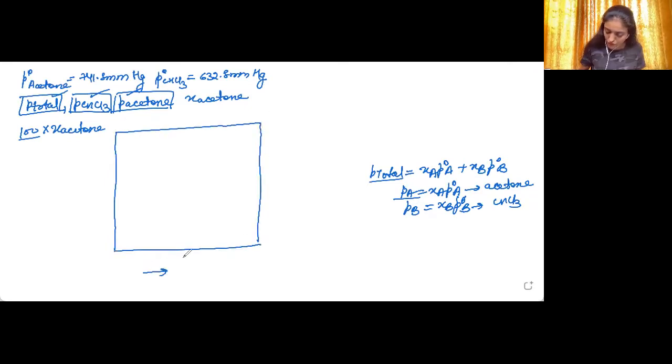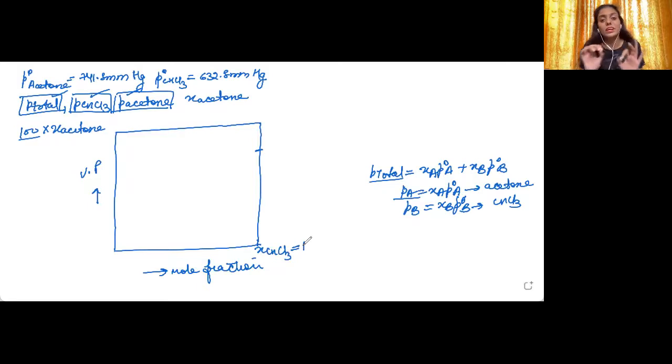So on this side we have the mole fraction. On this side we have the vapor pressure, right? We will be taking this as the vapor pressure of the pure component, that is, X CHCl3 equal to 1, where the entire component is only chloroform and there is no acetone, so X acetone will be equal to 0 at this point.